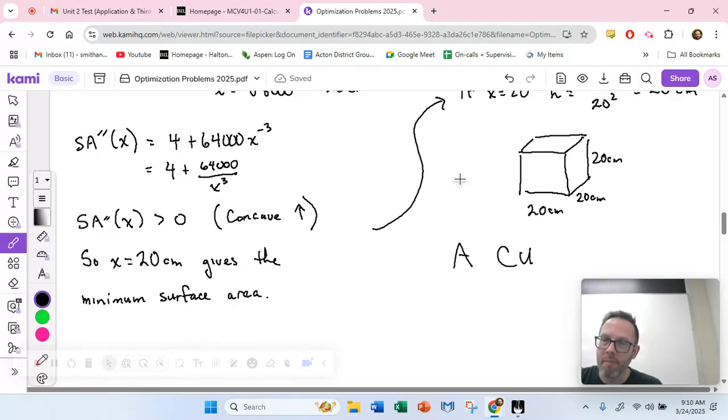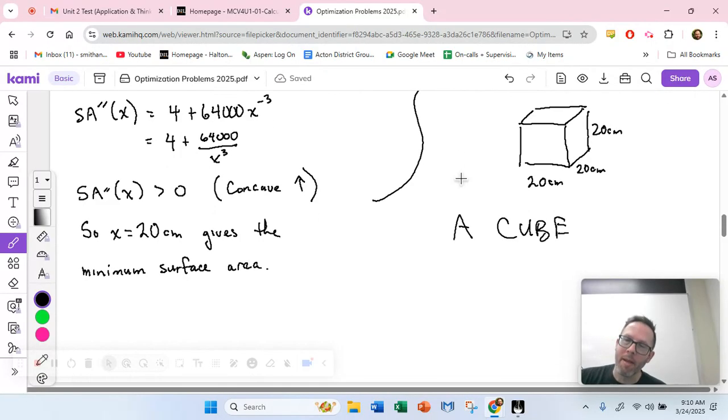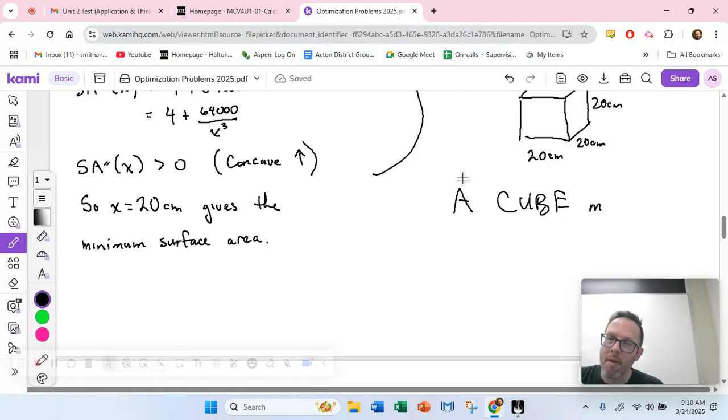A cube. I'll put that in big caps. A cube minimizes the surface area, and hence the cost of the packaging, etc. Little therefore statement. Good stuff.